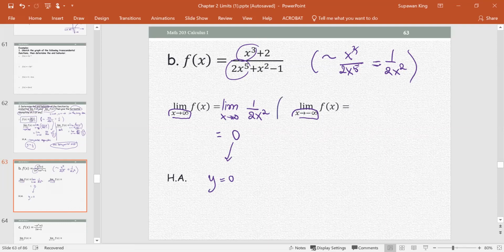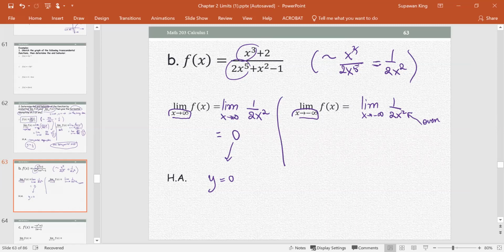Okay? In a similar way, for the limit of f of x, we look at the limit of the leading term 1 over 2x squared as x approaches negative infinity. The negative sign could be a problem sometimes, but this fraction has power 2, an even power. So it doesn't matter if you put a very large quantity with a negative sign, because you square it.